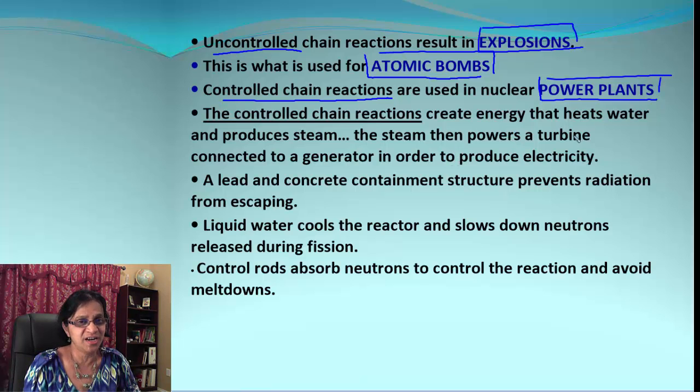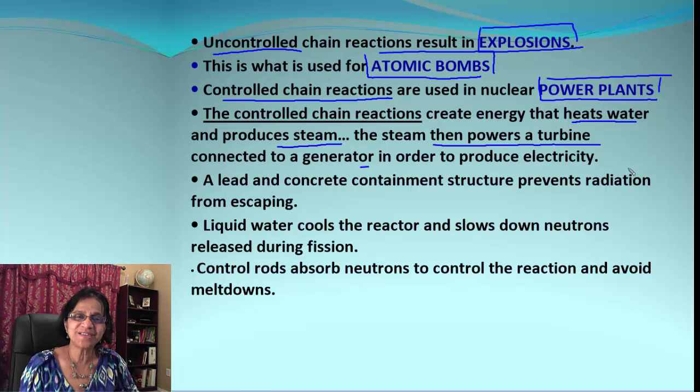These create energy that results in heating water first. Of course, water will produce steam. Then steam will power the turbines and the turbine is connected to a generator which will produce the electricity. So that's the cycle by which nuclear energy could be converted into electrical energy.